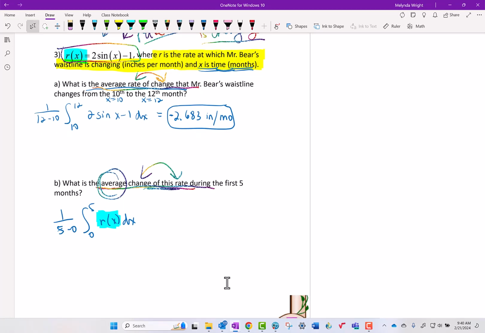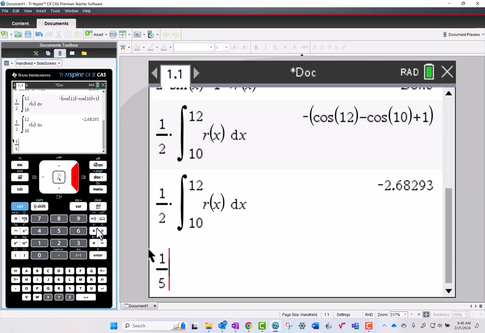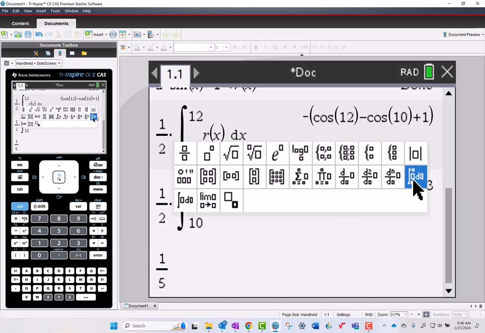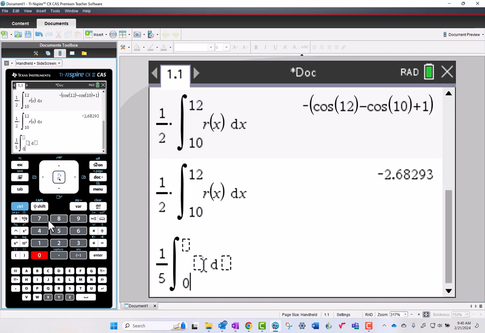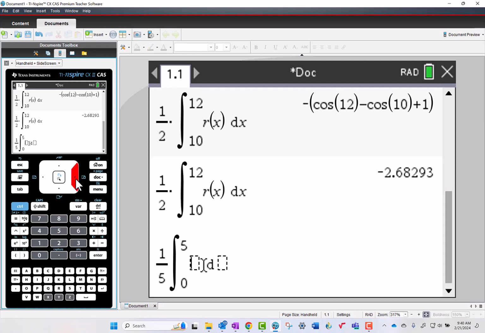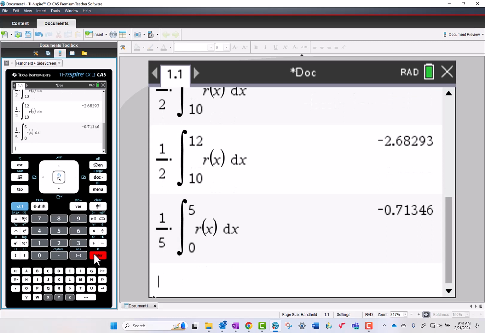So let's go here. And so we're going to use our little integral thing. We're going 0 to 5 of r of x. And control enter, and it's that.